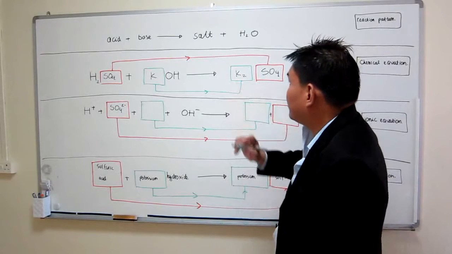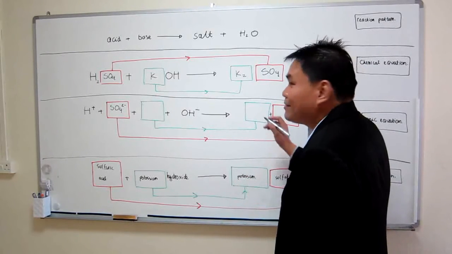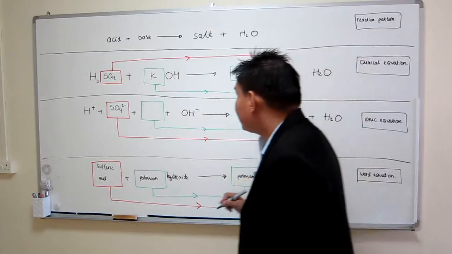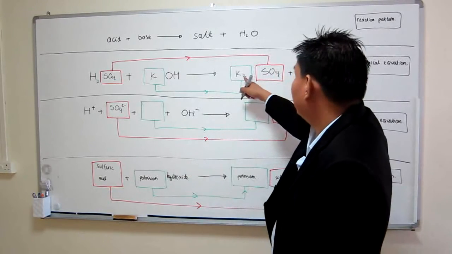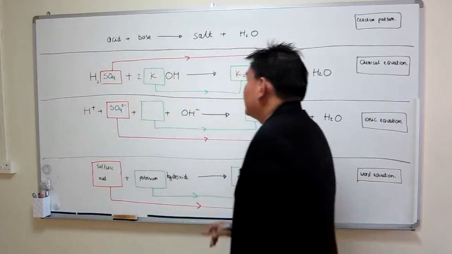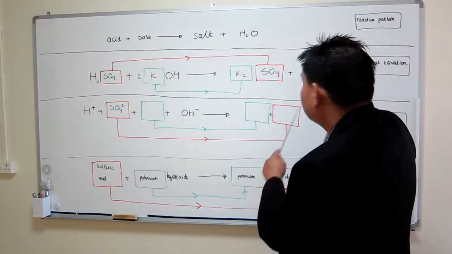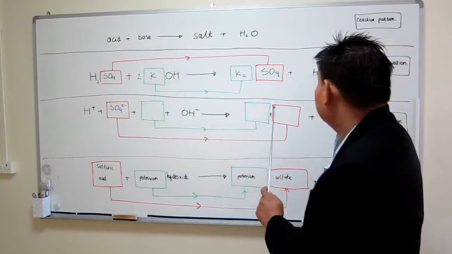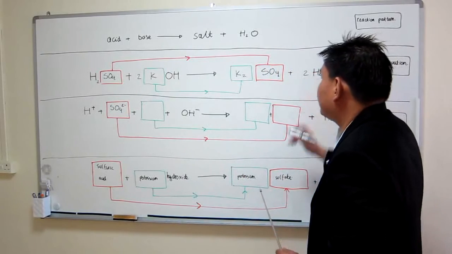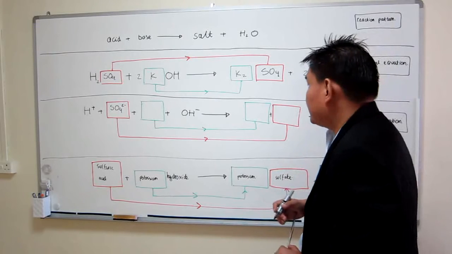And after you write down all this, you're halfway done. You still must balance the equation. You have 2K here, so you must put 2 here. So you're producing 2H plus and 2OH minus, so you must put 2H2O. Yeah, it's easy to balance this equation.